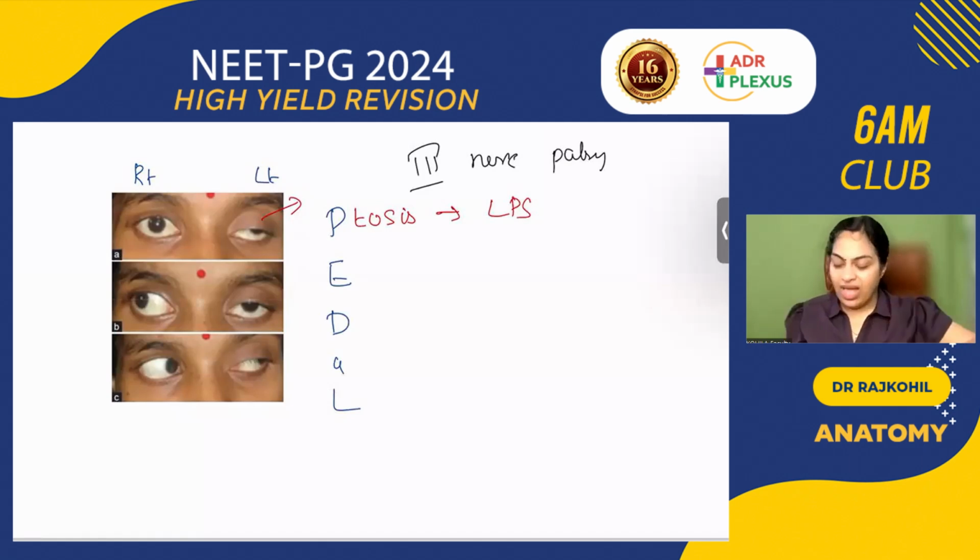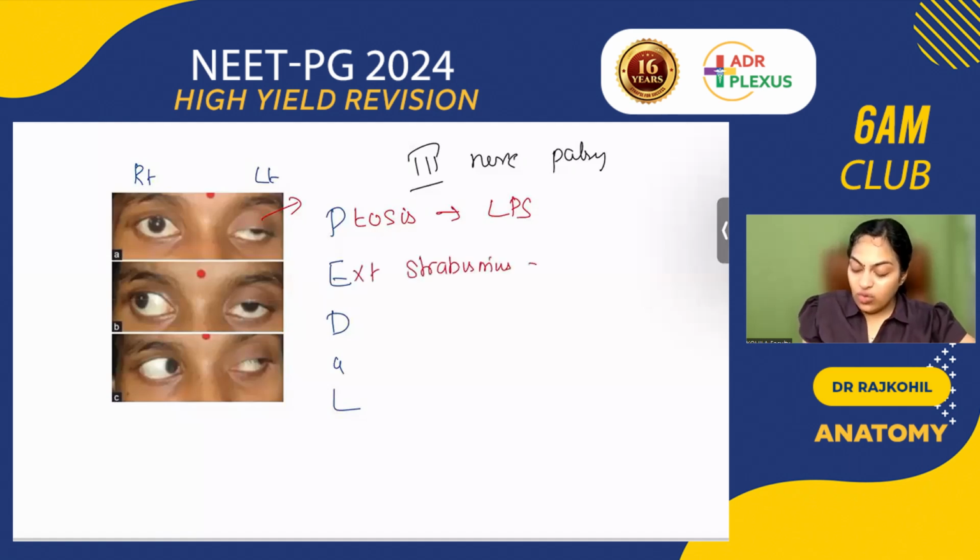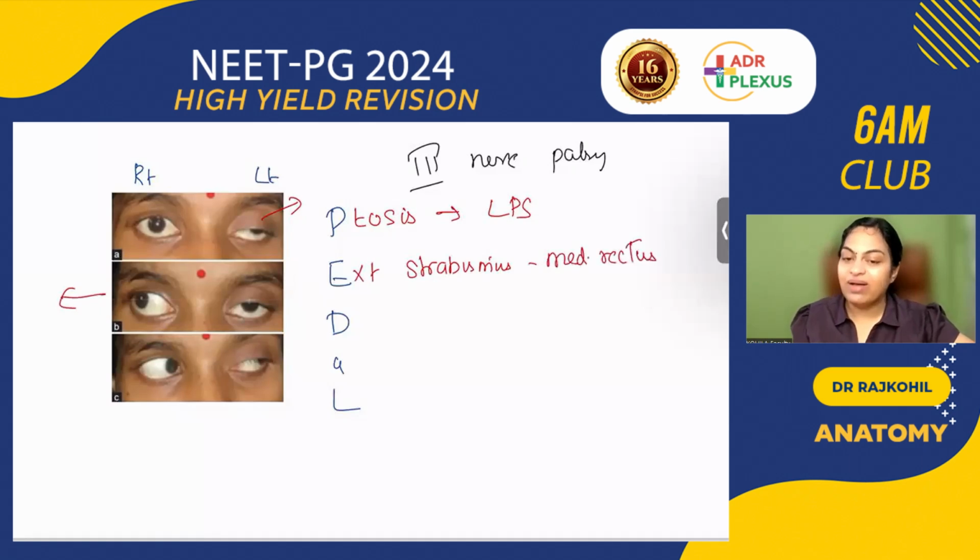Is that fine? And external strabismus is due to paralysis of... so here both the eyes should turn towards the left. You see a lag in the left eye, right? You're not able to adduct the left eye. Due to paralysis of which muscle? External squint. The medial rectus, innervated by the third nerve.